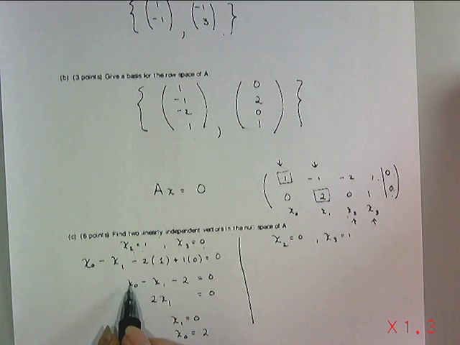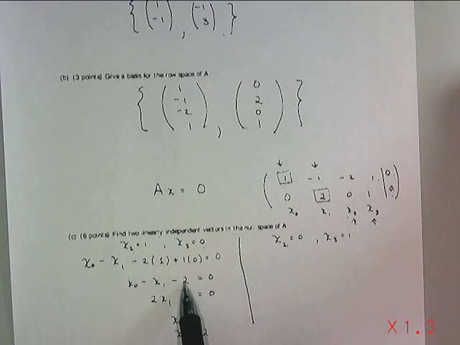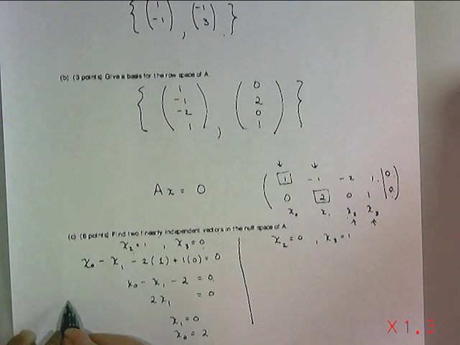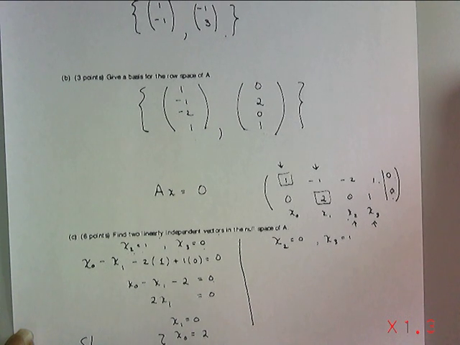It would have to be 2 minus 0 plus minus 2 is equal to 0. So one of the vectors in the null space is going to be the vector 2, 0, 1, 0.